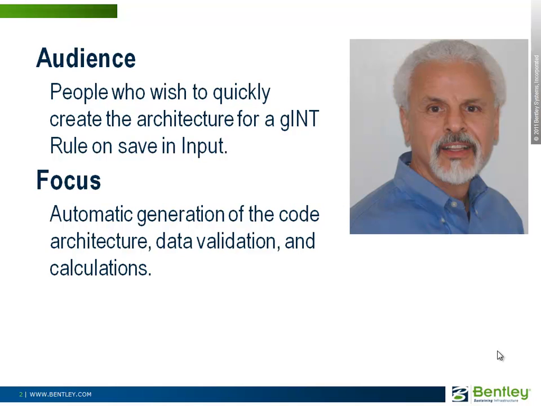It really accelerates getting into writing save procedures, which are the most common procedures with GINT rules. So the focus is going to be on automatic generation of the code, the data validation, and the calculations for a very simple GINT rule, but it sets up a template for all of the GINT rule on saves that you would want to write.